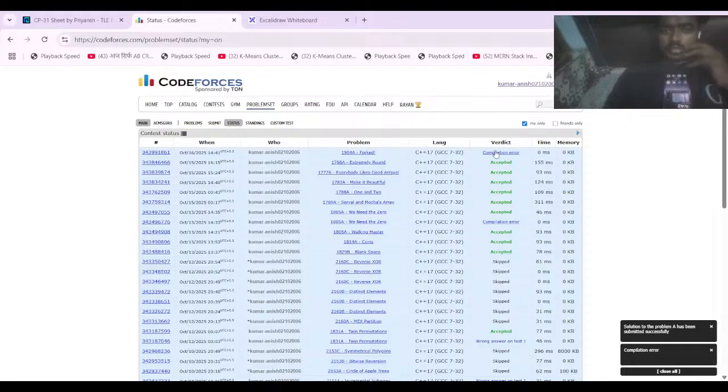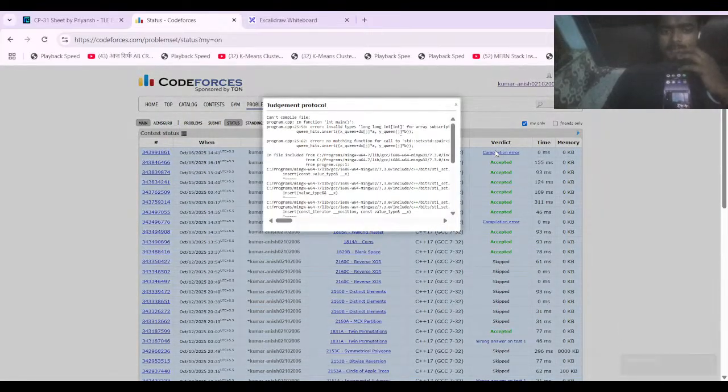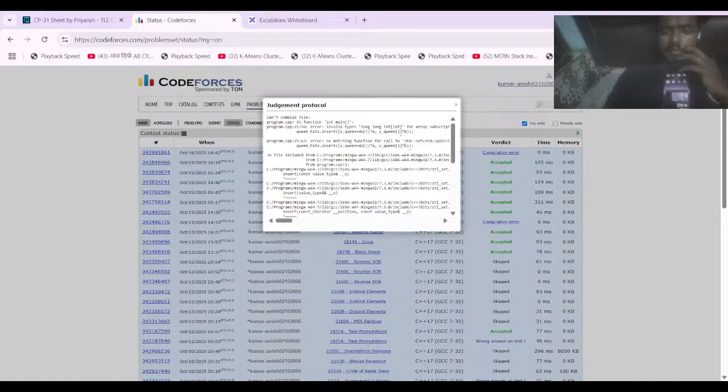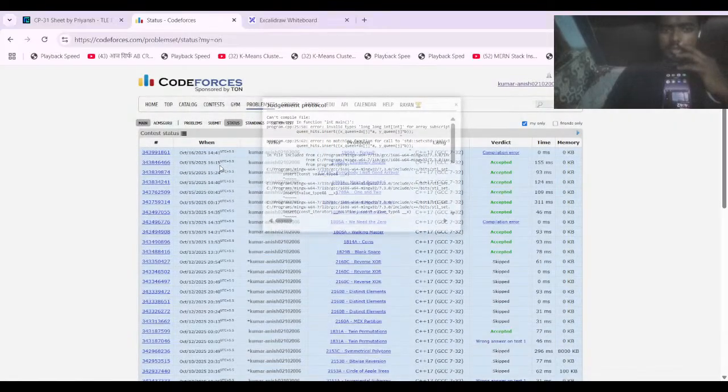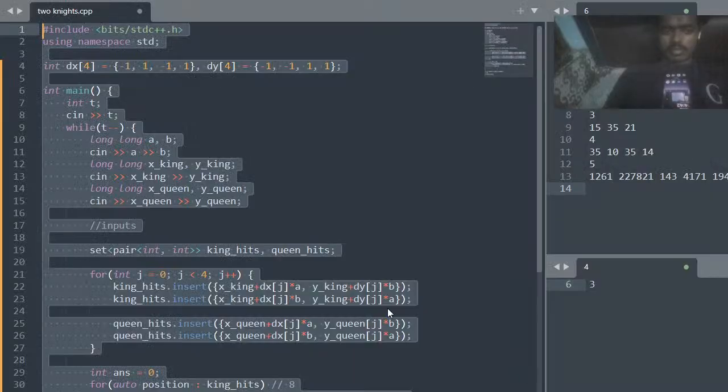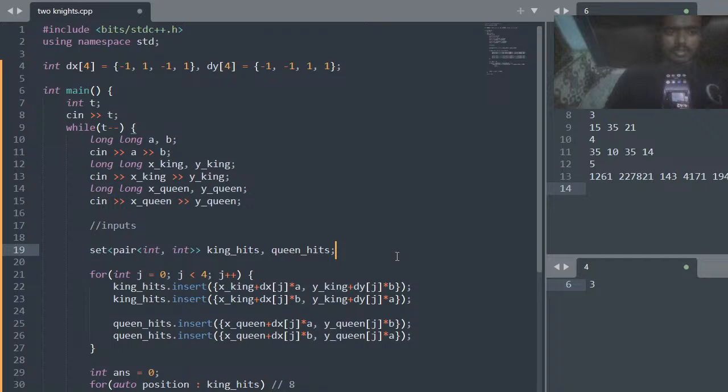Compilation error. insert में ये insert में ज़्यादा है ना, एक units वाले में. Let me see कहाँ पर आ गया.